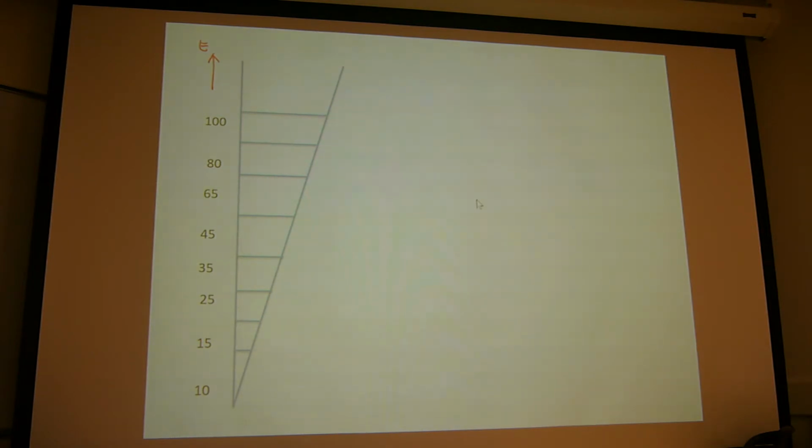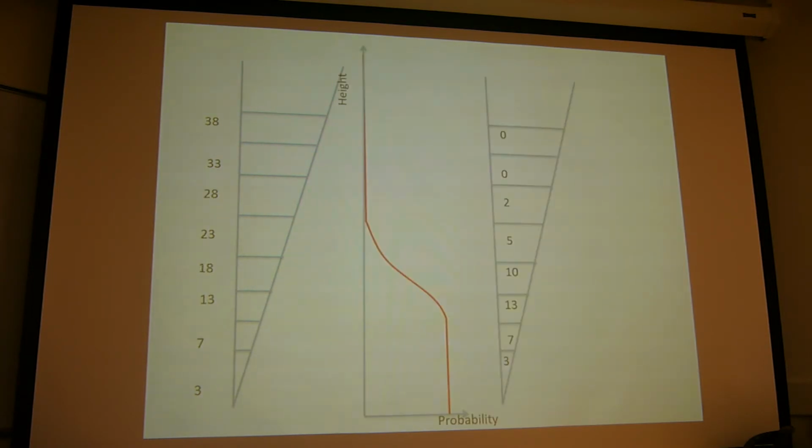Then how does the actual electron occupancy look? Still, you need to think about the Fermi function with EF somewhere here, and then you multiply this one with this one. So at the bottom, you have 3 states, then all of them are occupied, 3.